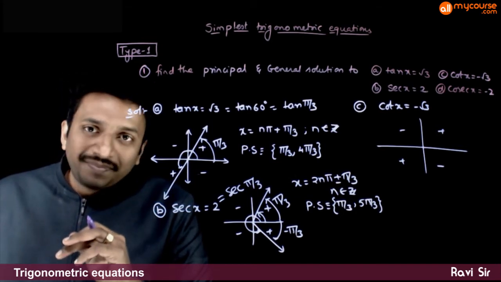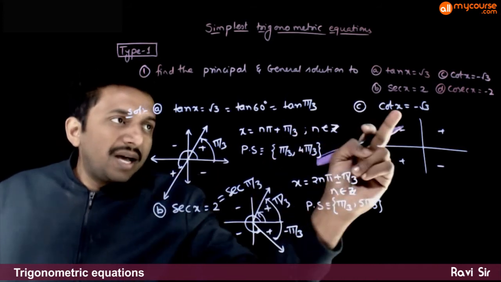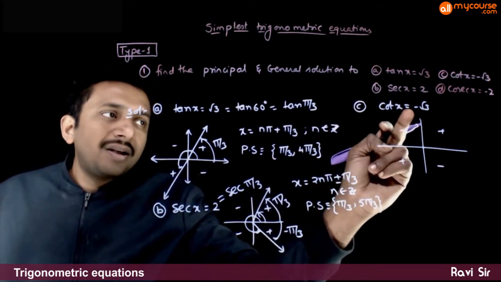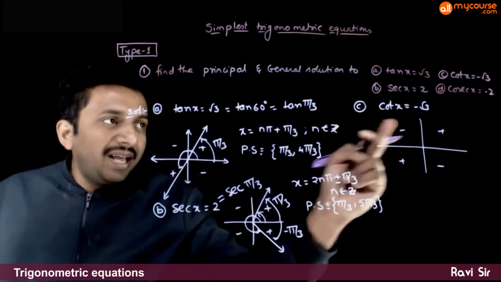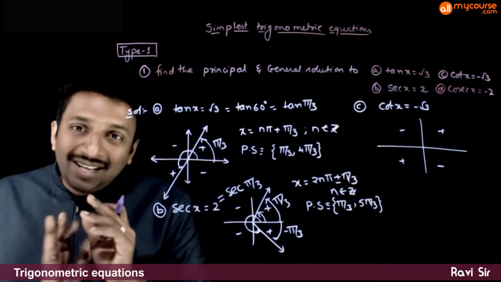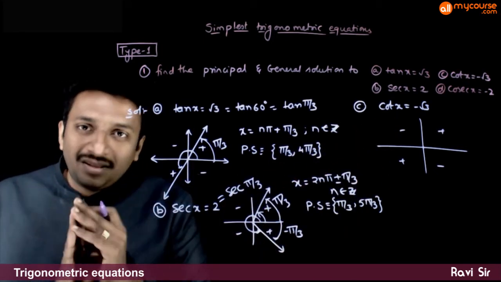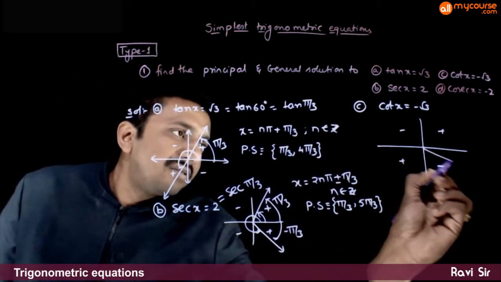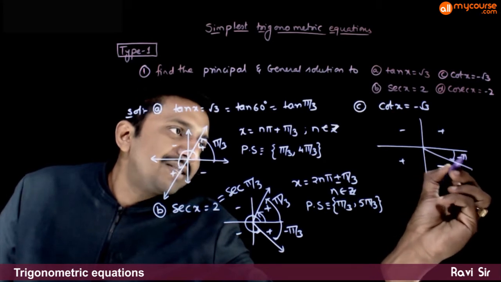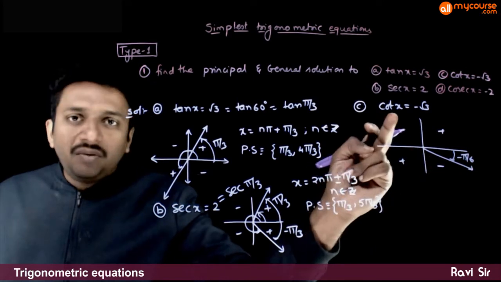So I'll go to the fourth quadrant. So corresponding to which angle cot is equal to minus root 3? Again, root 3 corresponds to 30 degrees for cot. Cot 30 is plus root 3. So minus root 3 comes in the allied position for 30 degrees. So you have minus 30 degrees. This is the position where cot will be equal to minus root 3.